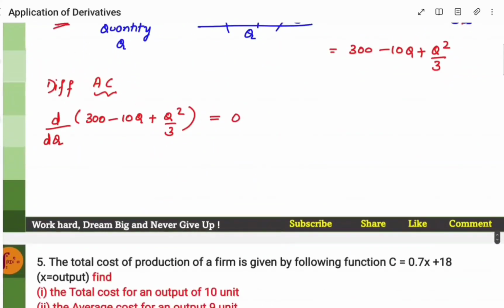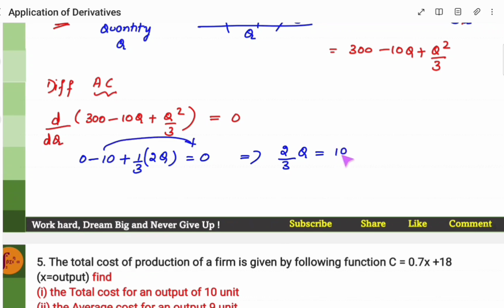So what do we get? 0 minus 10, and q square gives 2q. So minus 10 plus 2 by 3 q is equal to 0. I'll push 10 this side, which means q is equal to 30 by 2, which is 15.